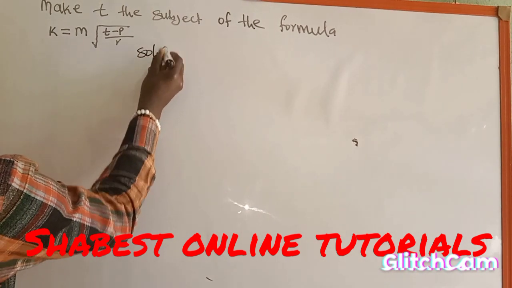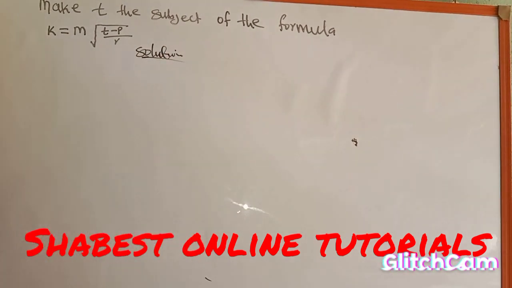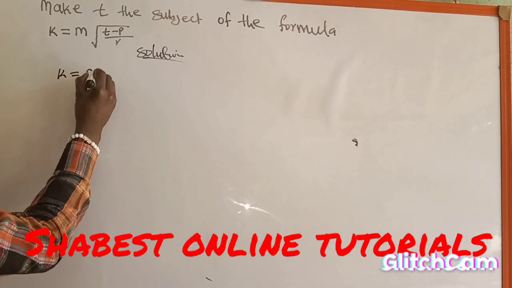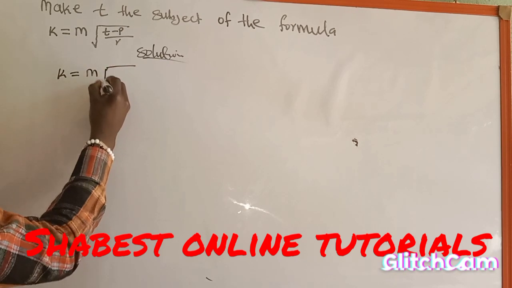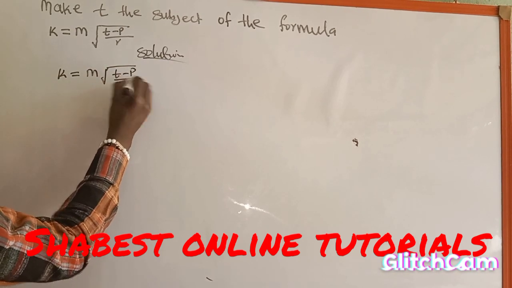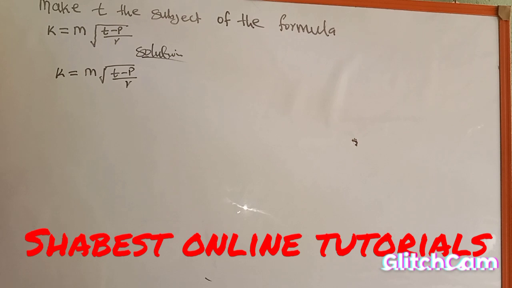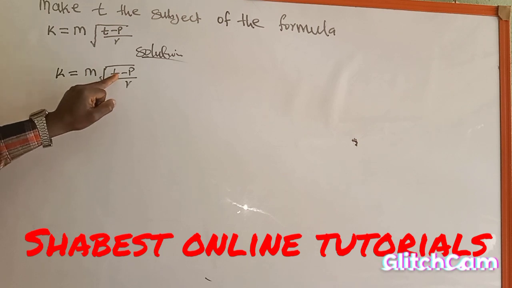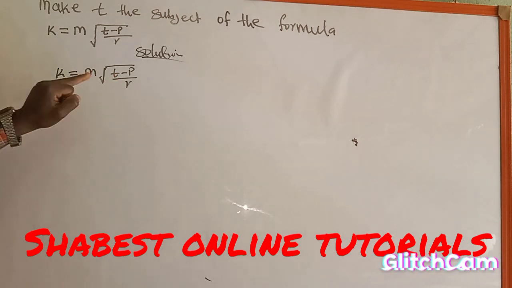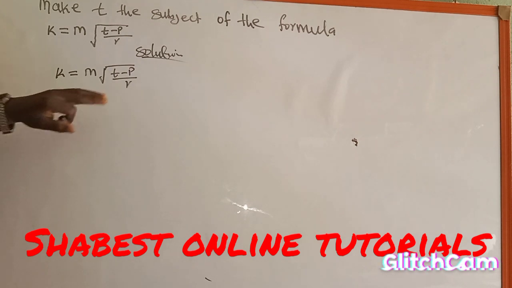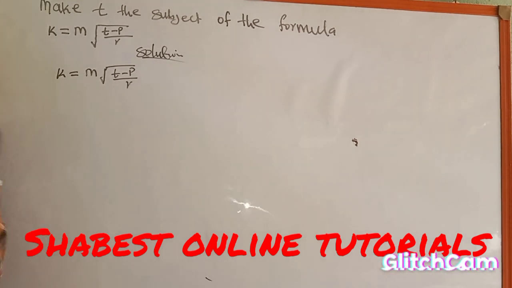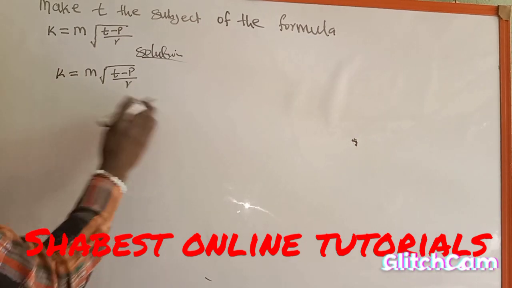So I have my solution here, or the expression: k equals m times the square root of (t minus p) all over r. The first step is to eliminate this m, because we are looking to make t the subject of the formula. So we are going to divide both sides, the left hand side and the right hand side, by m.